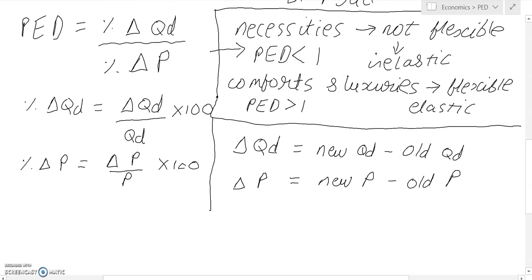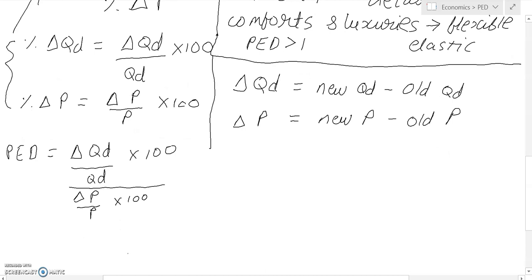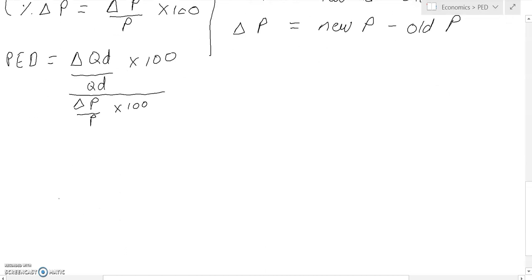Now, substituting both of these values into the original equation gives us PED equaling change in quantity demanded upon quantity demanded into 100, divided by change in price upon original price into 100. Simplifying this further, the hundreds eliminate.